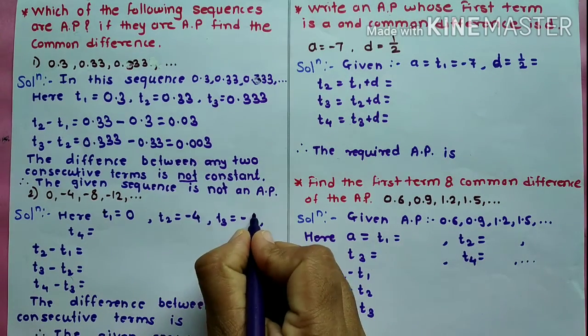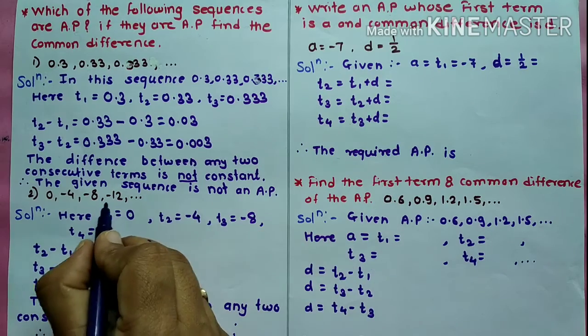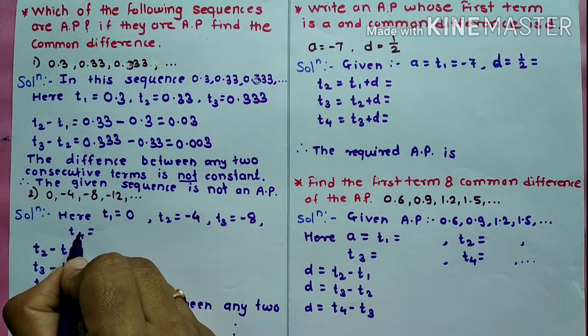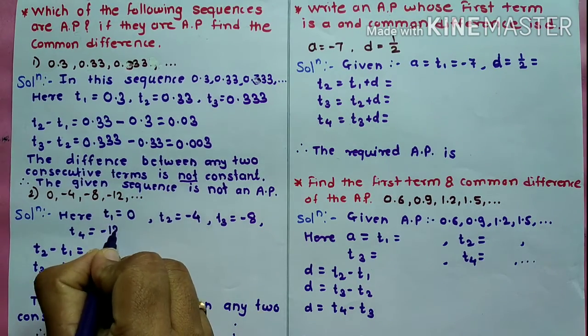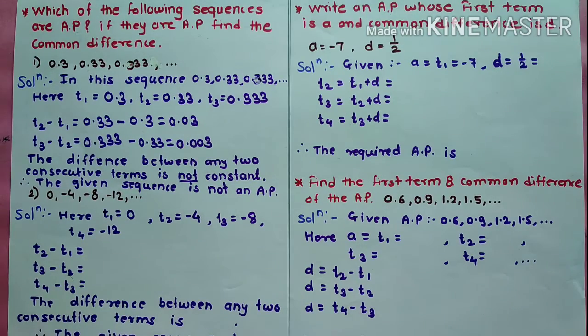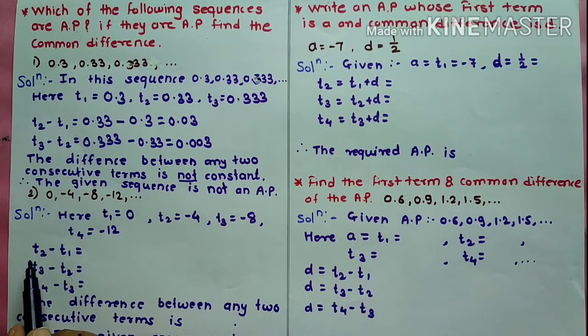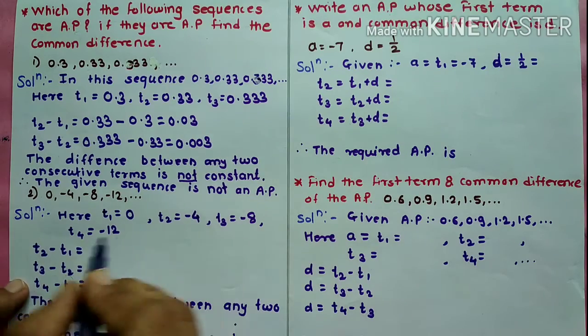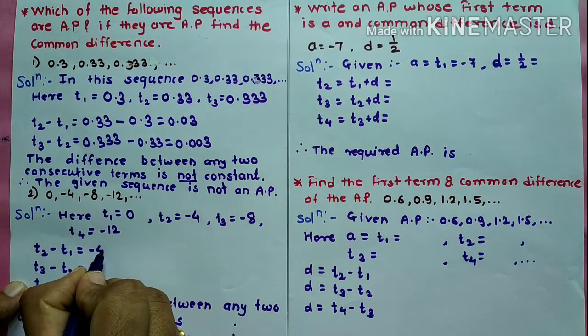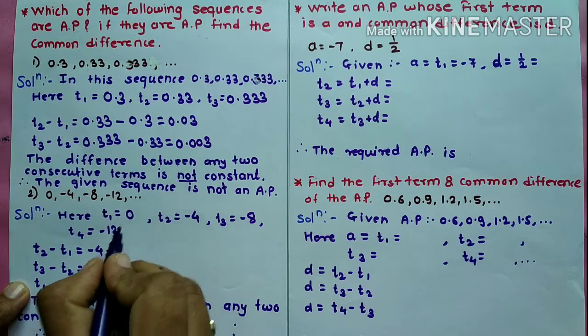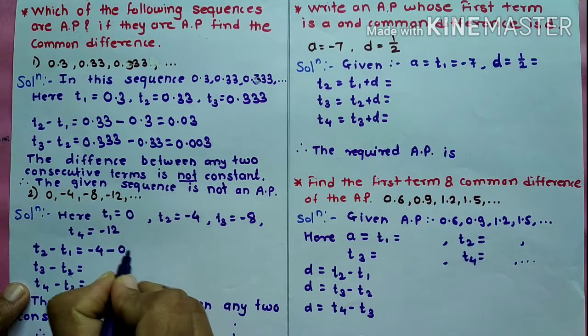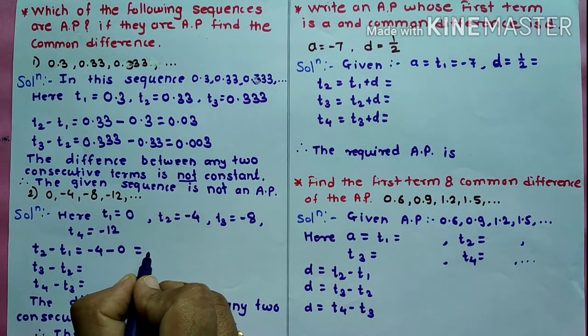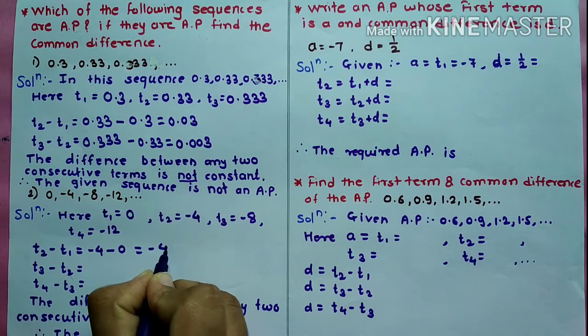The fourth term is -12, therefore T4 is -12. Here also we have to find the difference between two consecutive terms. First we find T2 minus T1. T2 is -4 minus T1 which is 0. -4 minus 0 is -4.